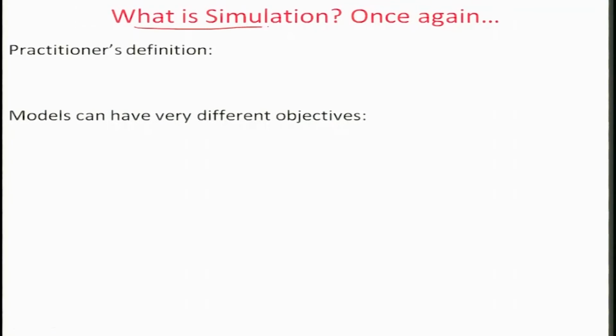Now, once again we will look into the definitions of what a simulation is, in the light of these key aspects of simulation. Here I will focus more on the practitioner's definition.